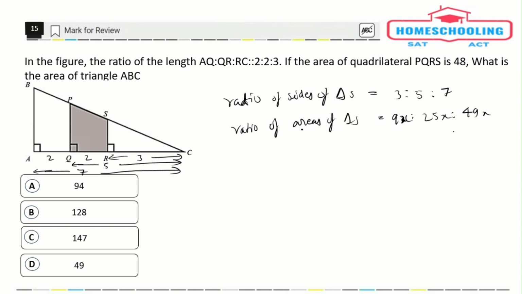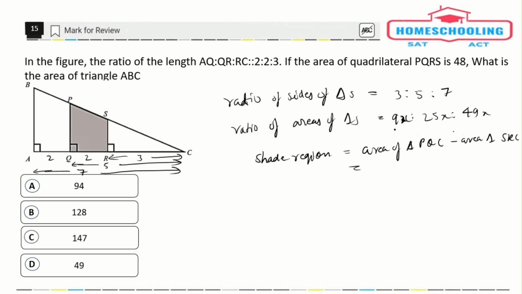Now we have to find what the shaded region is. The shaded region can be written as area of triangle PQC minus area of triangle SRC.